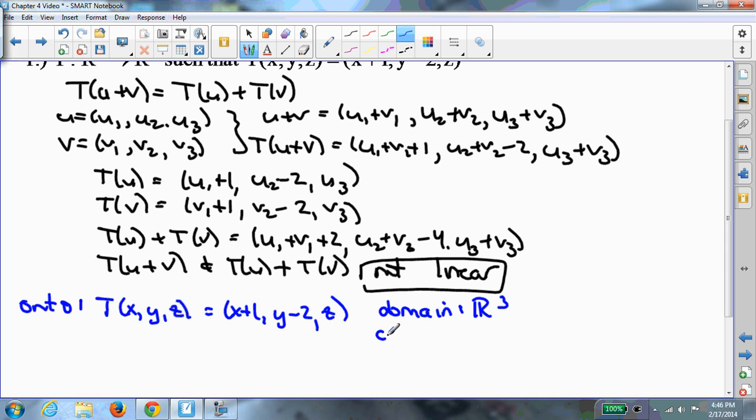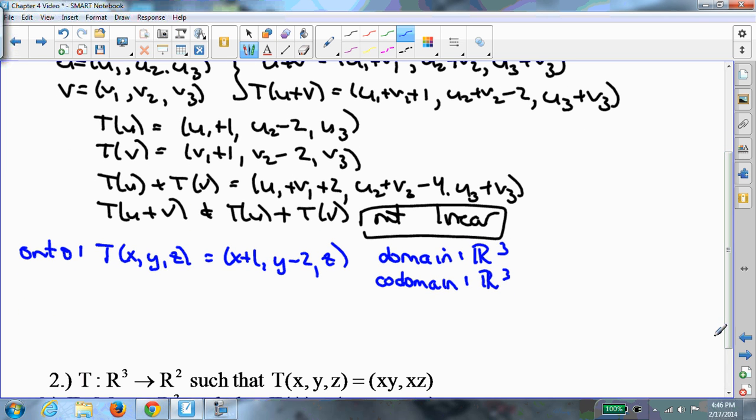The codomain is R3. But technically adding 1 and negative 2 to the x and y component, I can still get everything in R3 for the output, so the range is also R3. And since these two are equal, T is onto.